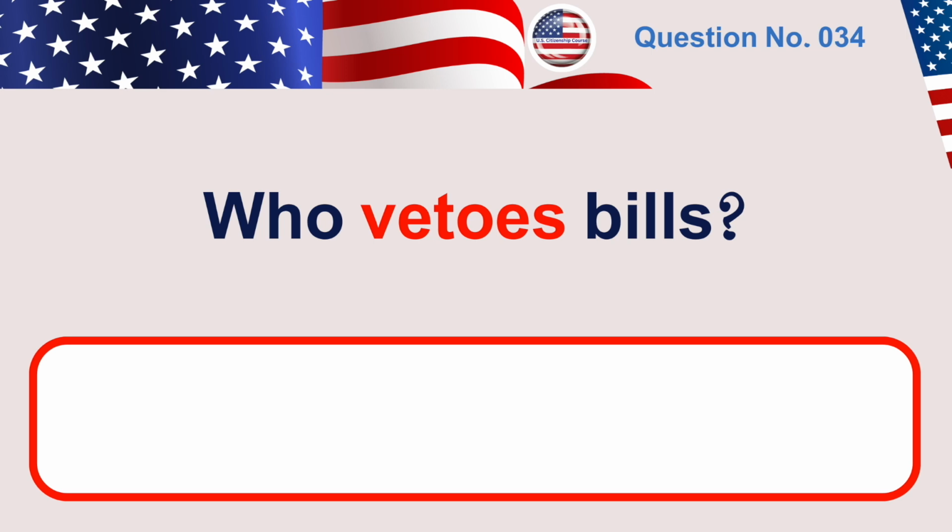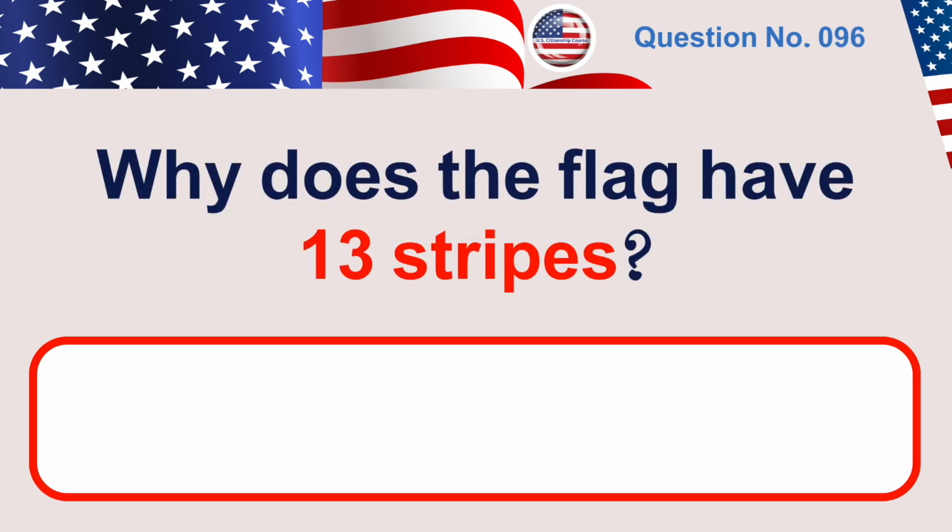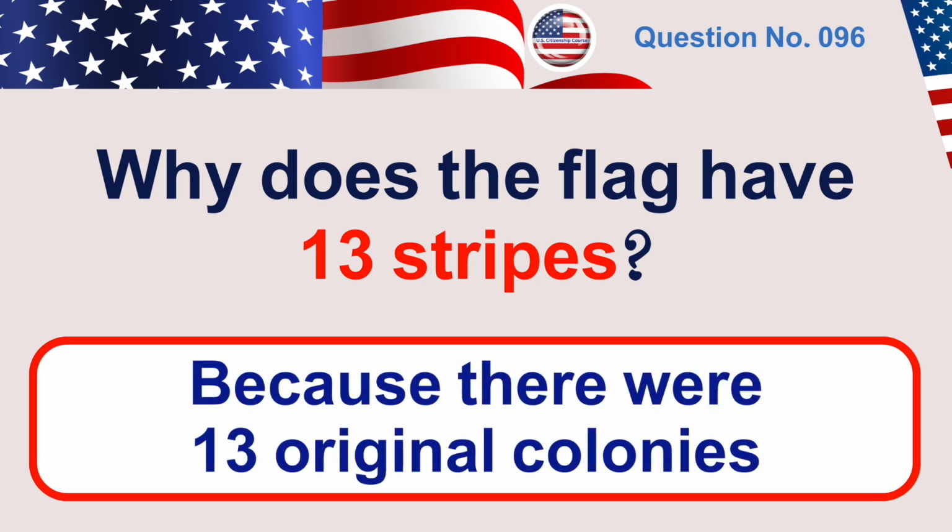Who vetoes bills? The President. Why does the flag have 13 stripes? Because there were 13 original colonies.